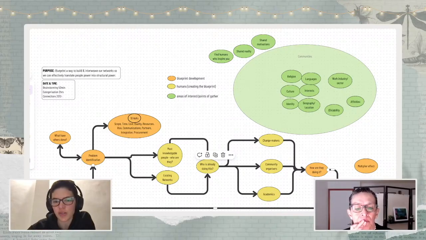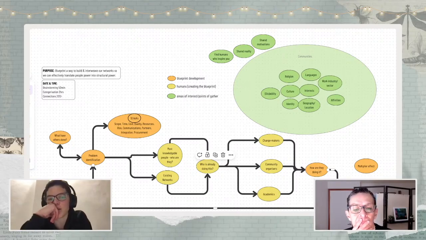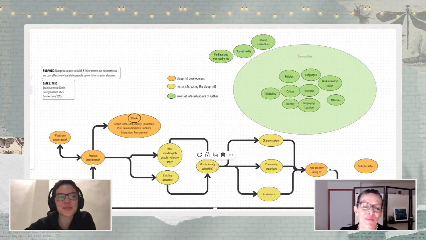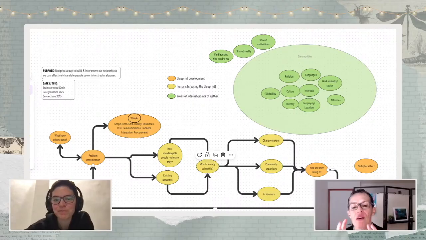Would you put work, industry, and sector into that? Would you keep it in here as well? I think they all feel like they go in the green, except find humans who inspire you, because it is just different groups. It's one bubble that is communities, and within communities they are broken down, with some particulars.